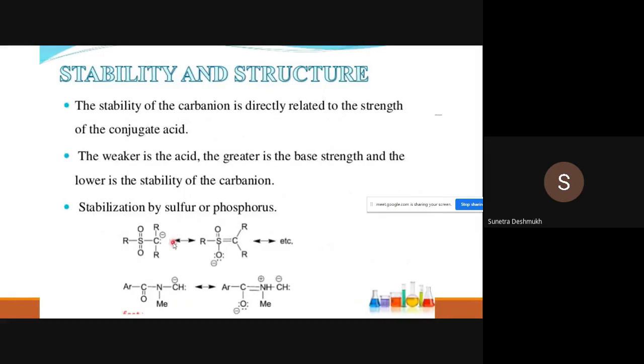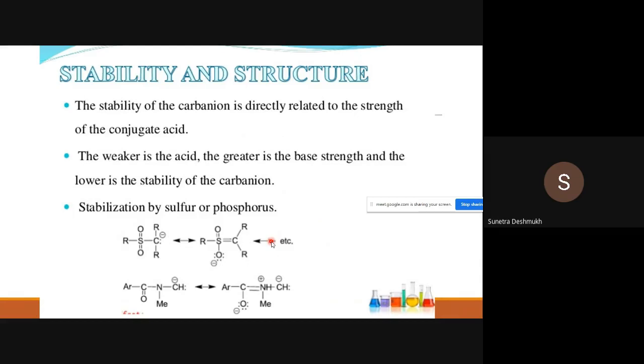Here are some examples of how the carbanion is getting shifted, how the carbon-sulfur double bond is forming and the negative charge is getting shifted onto the oxygen atom. Pay attention: if you create more and more resonating structures, if the number of resonating structures increases, then that particular compound achieves more stability.